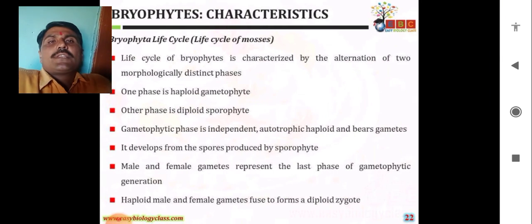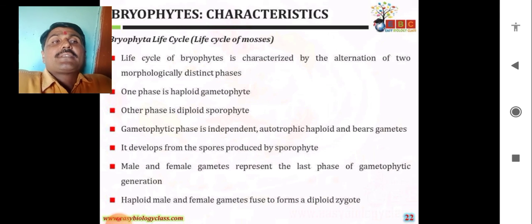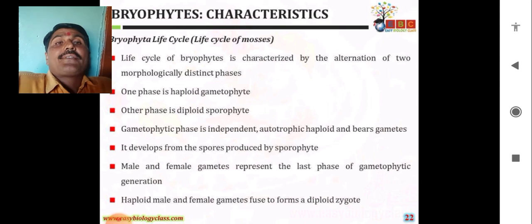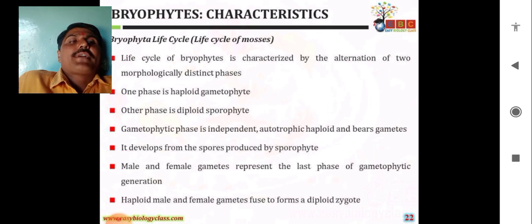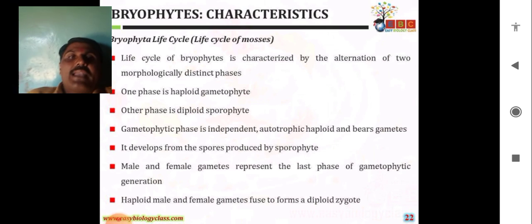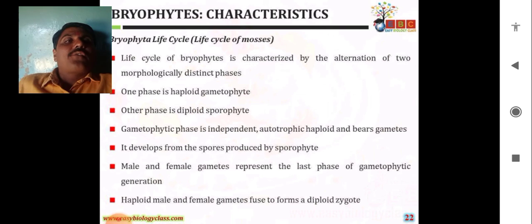So, friends, this was in short about the general characters of the bryophytes with its life cycle, how its life cycle takes place, by alternation of two morphologically distinct phases. One is haploid, another one is diploid. The haploid one is the gametophytic phase, independent, autotrophic, haploid, and bears the gametes, and it develops from the spores of the sporophyte, whereas talking about the diploid, male and female gametes represent the last phase.